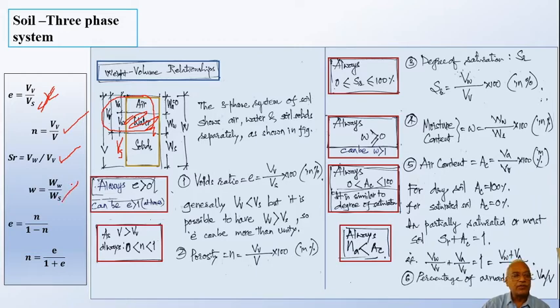All these are expressed in percentage. So the ratio of weight of water to weight of solids expressed in percentage is known as water content or moisture content. We'll go to the next slide.